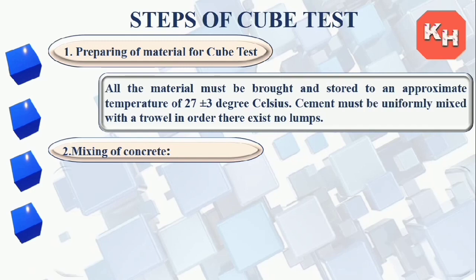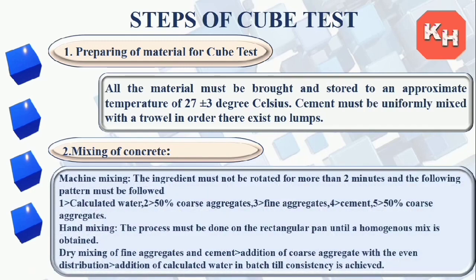Mixing of concrete. There are different methods of mixing concrete. First, machine mixing. In machine mixing, the ingredients must not be rotated for more than 2 minutes, and the following pattern must be followed. Firstly, we add the calculated water, then 50% of the coarse aggregate, then the fine aggregates, then the cement, and then the balance 50% of the coarse aggregate.